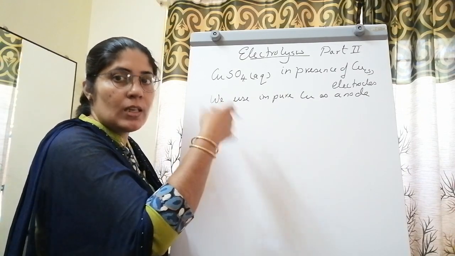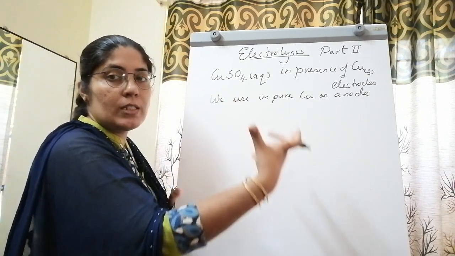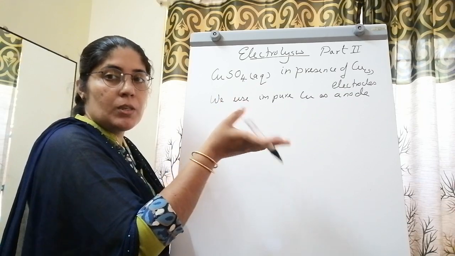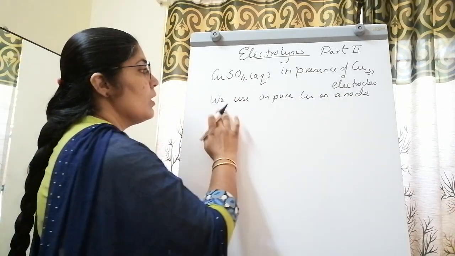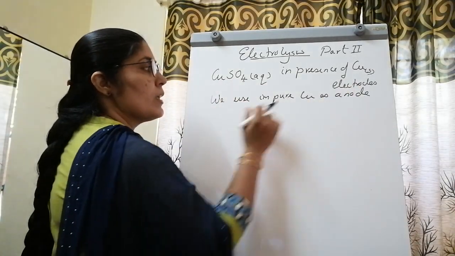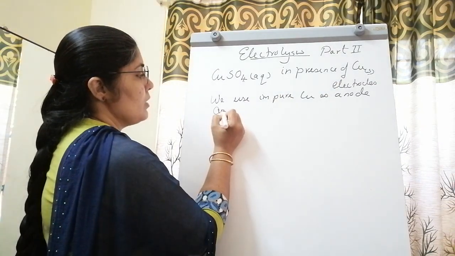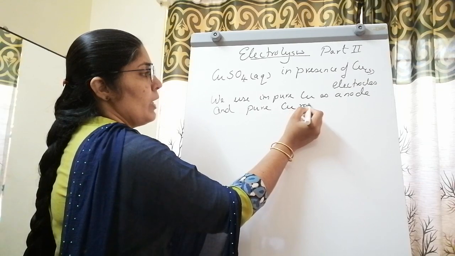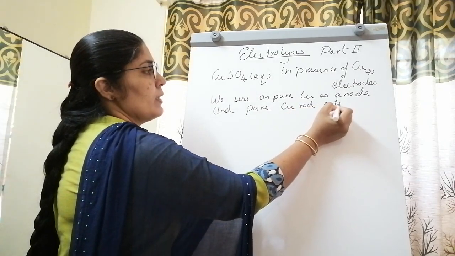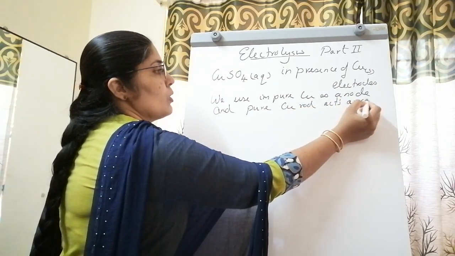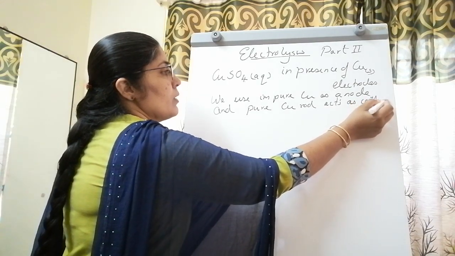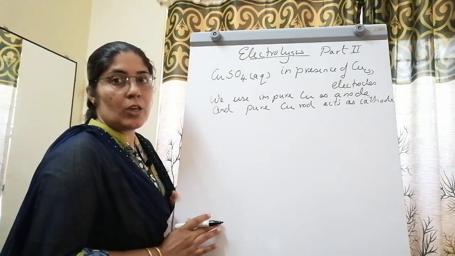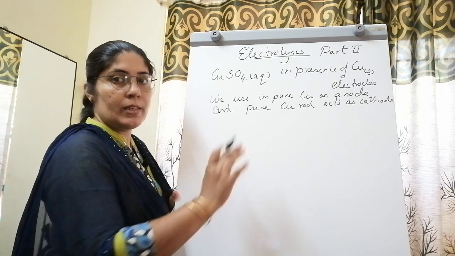That is what I am teaching you here: the impure copper is taken as the anode and the pure copper rod acts as the cathode. Now let's check the reactions taking place here.